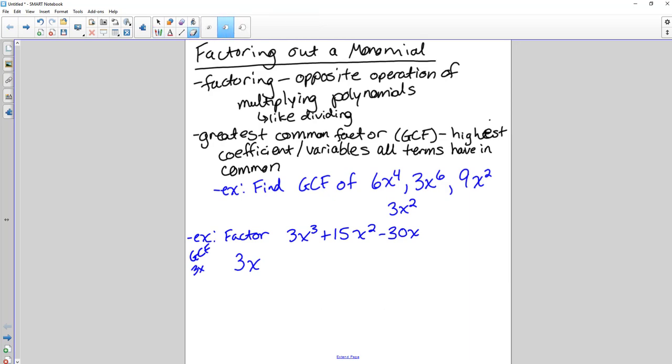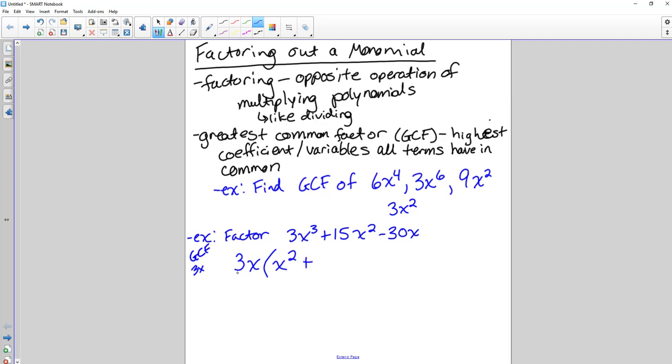Now the difference is we're not just going to list that. What we do next is we start a parenthesis, and then whatever is left over when we factor out the 3x, we put into the parentheses. If we took 3 out of 3, the coefficient, we're left with nothing, or just 1. Take an x out of x cubed, and we'd be left with x squared.